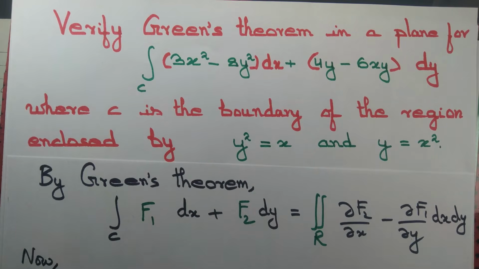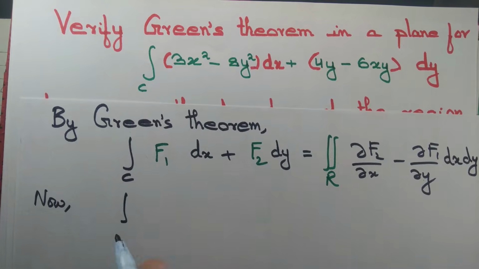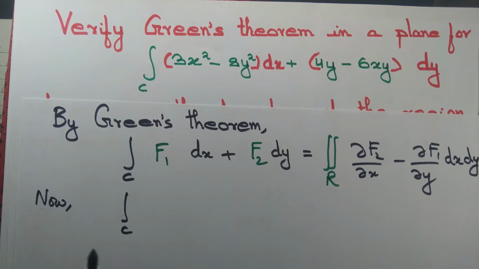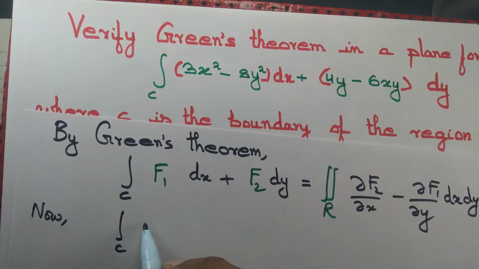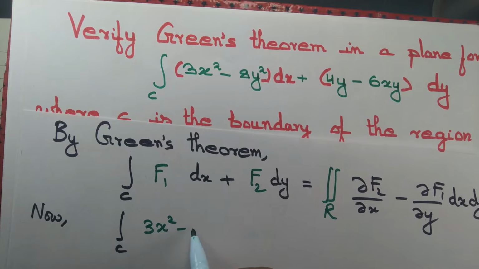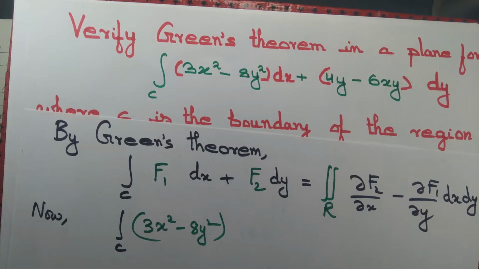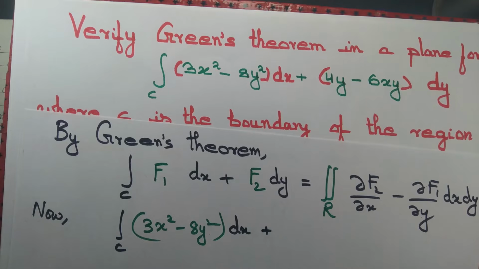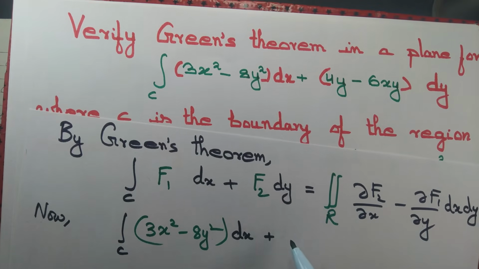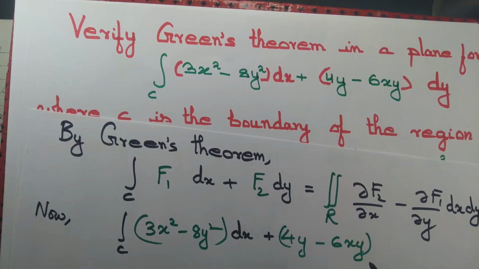Now, as per the question, we have the integral over the closed curve of 3x square minus 8y square dx plus 4y minus 6xy dy. That's what is given to us.